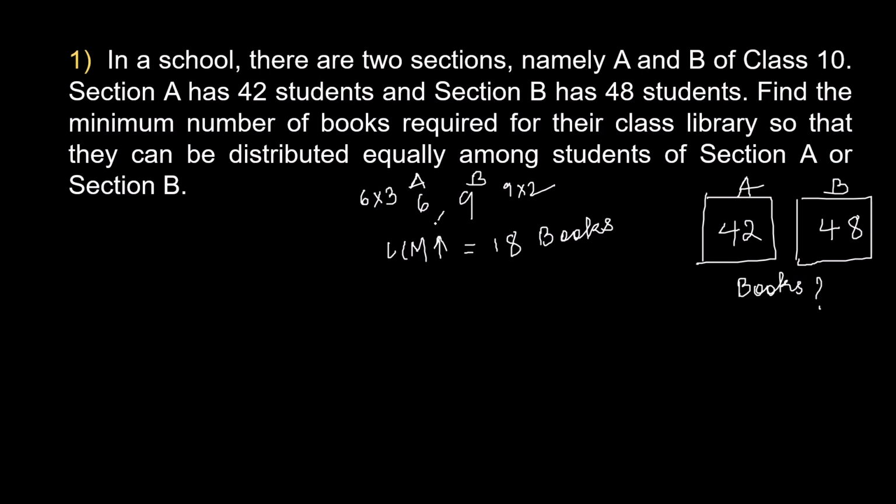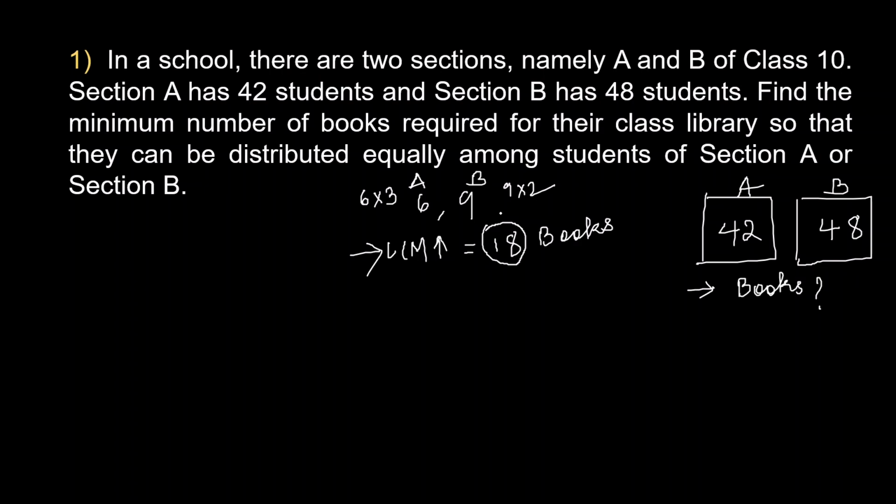That means 6 3s are 18. So in section A, I will distribute 3 books for each student, and in section B, 2 books for each student. So that means I should have minimum 18 books so that I can distribute them equally in both the sections of class 10. So this number, that is LCM, we have to find in this case.